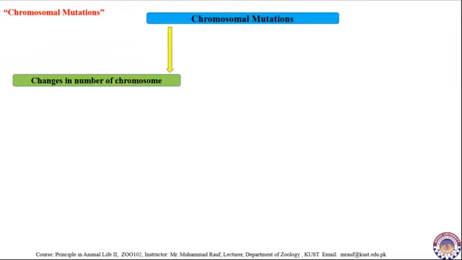This is the second part of the topic, and we will recall what we studied in the first part. Chromosomal mutations are changes in the number of chromosomes or changes in the structure of chromosomes.